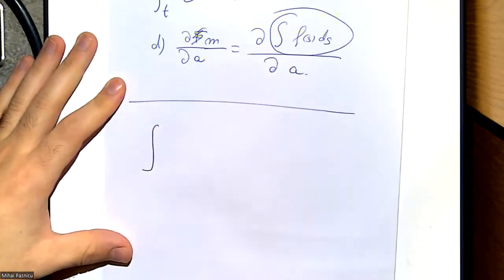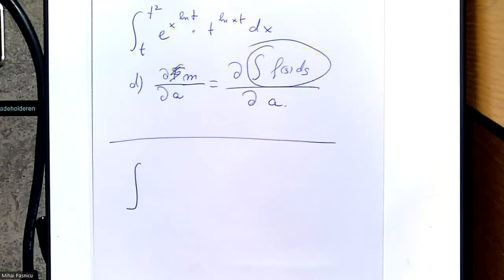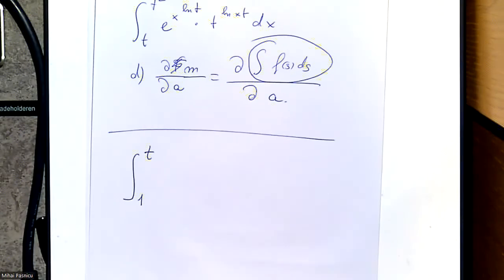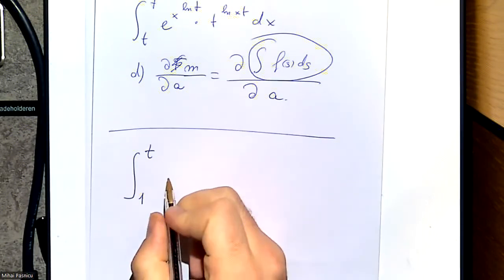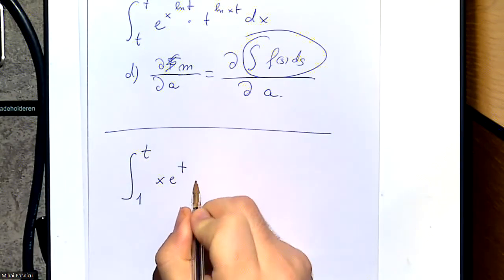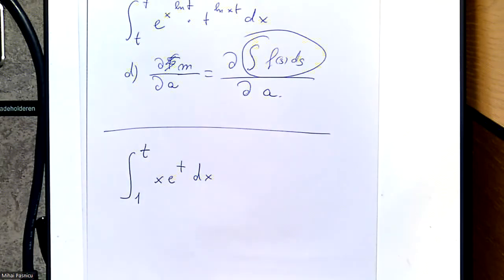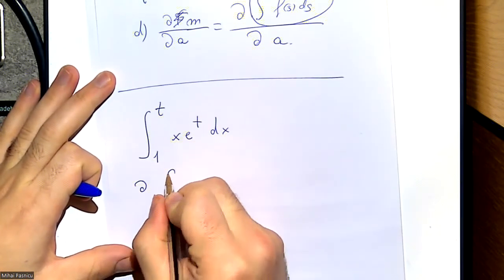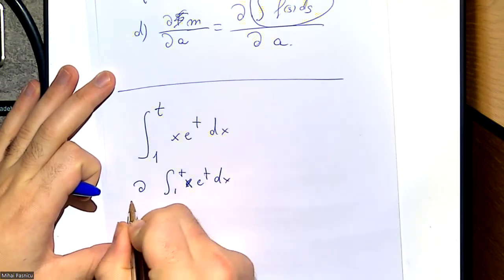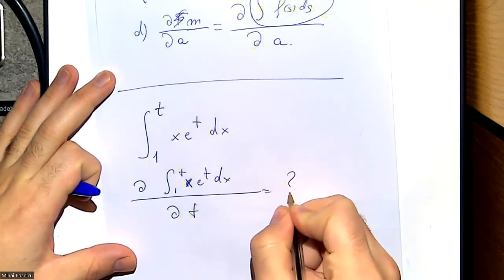So the one I'm going to ask you to evaluate is, let's do a twist, the integral from 1 to t of x e^t dx. Well, again, this is really simple, just to test the application of it. You could compute this integral and take a derivative of it. I'm asking you to compute the derivative of this integral with respect to t. What is this equal to?